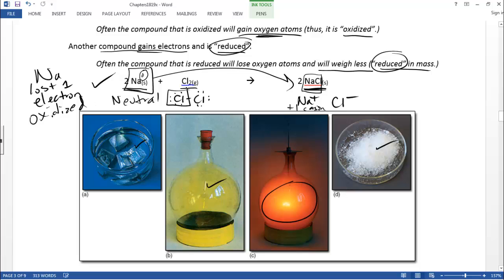Well, each atom of chlorine in this molecule is neutral, no charge, but afterwards they have charge. They are negatively charged. Where did that negative charge come from? It came from that extra electron. So Cl2 was reduced. Those two atoms gained electrons. 1 electron each.